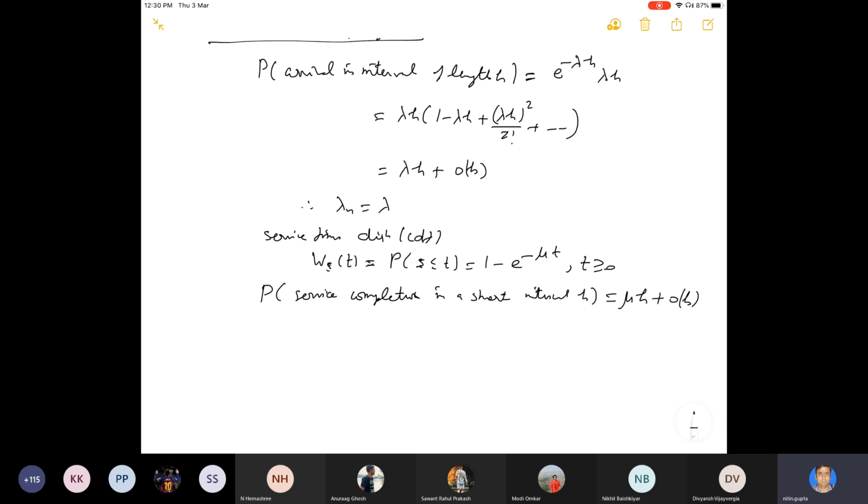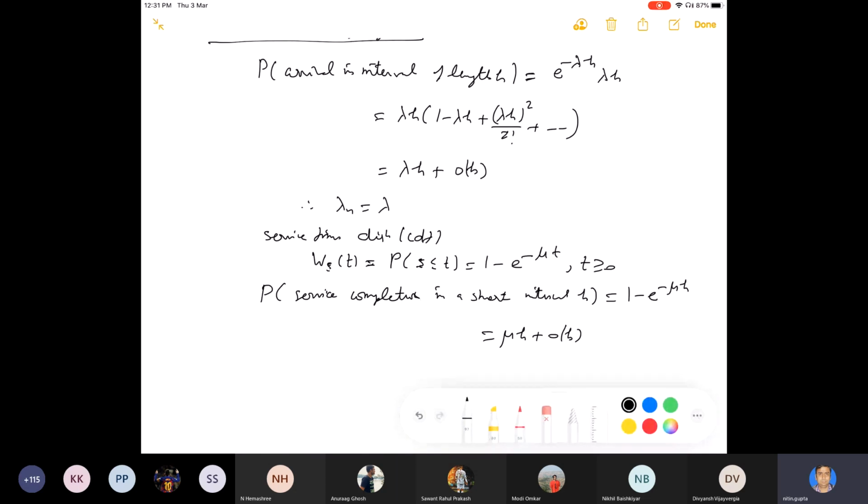Because that also you can write down from here, the probability that service will be completed in a very small interval h is 1 minus e raised to power minus mu h. We can write this as 1 minus e^(-mu h), which equals mu h plus something of order small h. Is it okay?